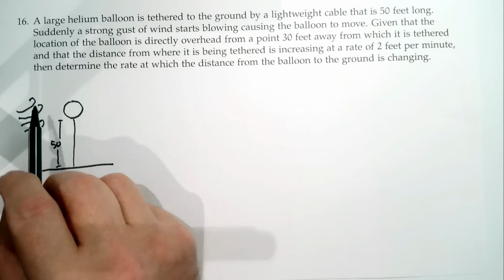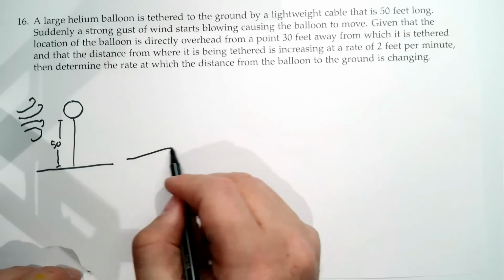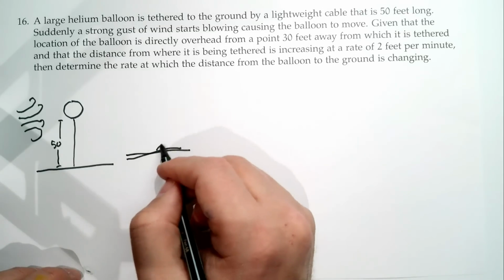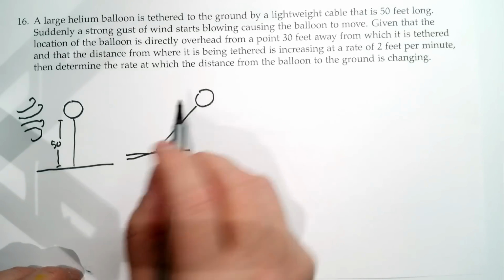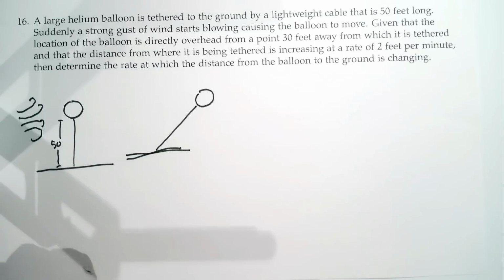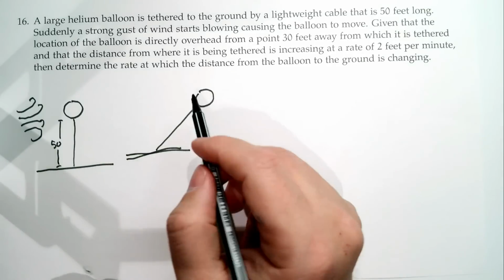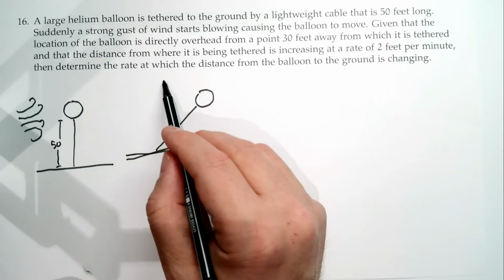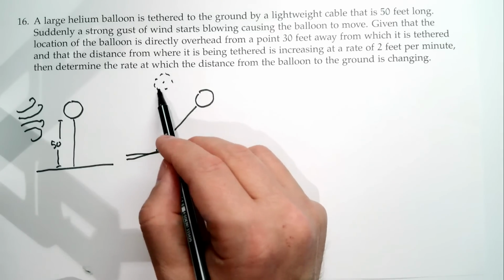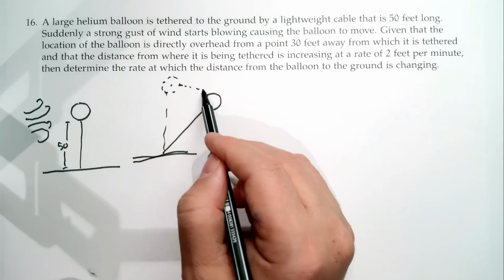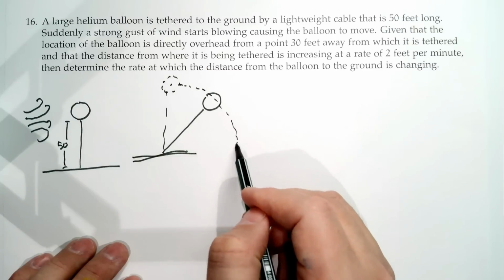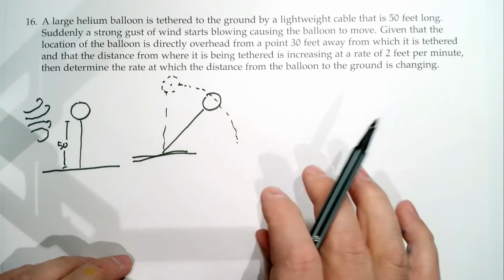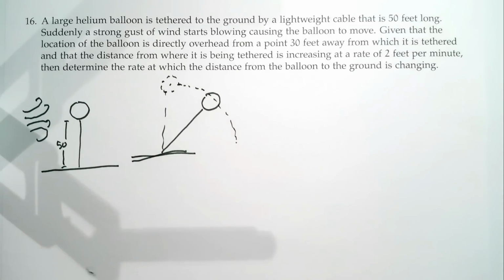It's blowing here, and the result is that it starts to move sideways. Now, it's not going to move exactly horizontal, so it's really what's going to happen is initially it was up here, and it's going to move down and more or less fall along the edge of the circle. So that's what happens when you have a strong wind blowing against a balloon tied to the ground.